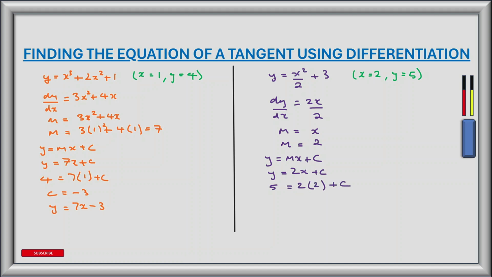Solving for c, we get c is equal to 1. Now if we put all this together, we have y is equal to 2x plus 1. This gives us the equation of the tangent to the curve y is equal to x squared divided by 2 plus 3 at the coordinates x equals 2 and y equals 5.